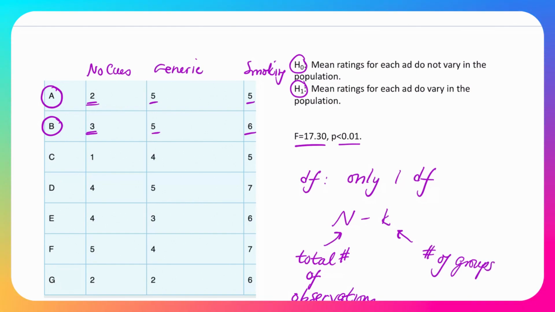So for this study, we have 1, 2, 3, 4, 5, 6, 7 teens, and they were each giving 3 ratings. So n is 21. And k is the number of categories, so k would be equal to 3. So the degrees of freedom would be 21 minus 3, or in other words, 18.